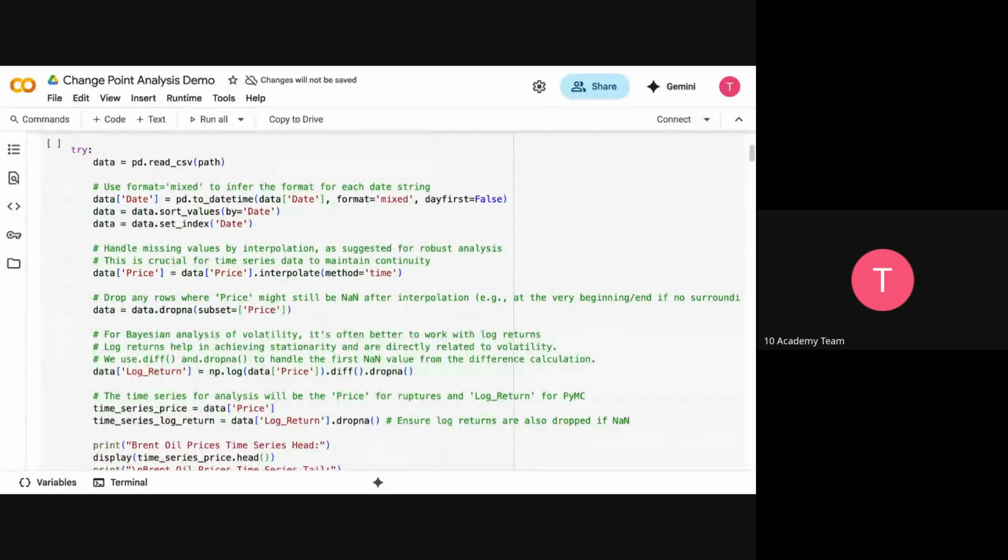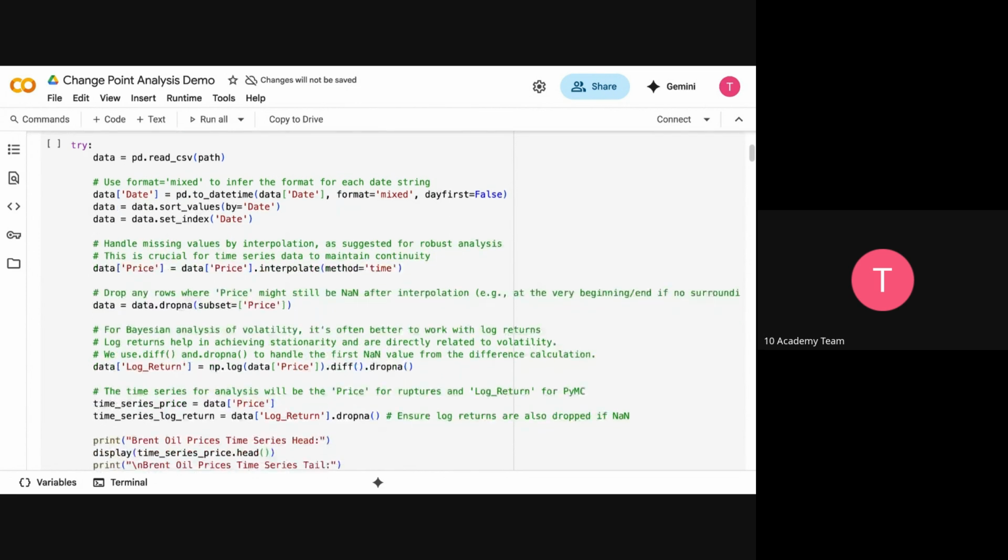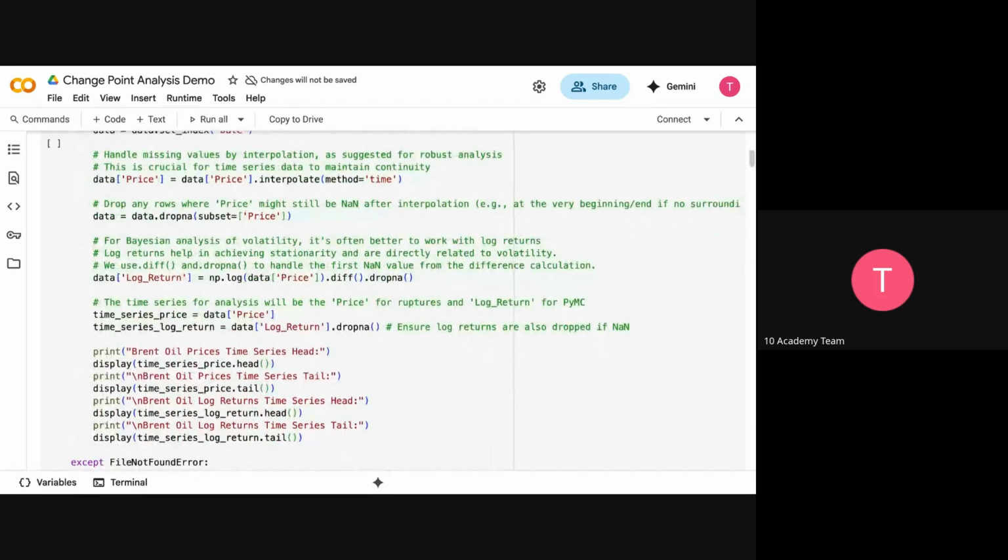Like I've said, I'm going to be using the same dataset that we have provided you with, the Brent oil price.csv file. Here I just loaded it and transformed the date. I used the format mixed, so if you find it hard to do, just make sure to set the format to mixed. For the null values, this is a very simple cleaning process, so I didn't do a lot of digging into it.